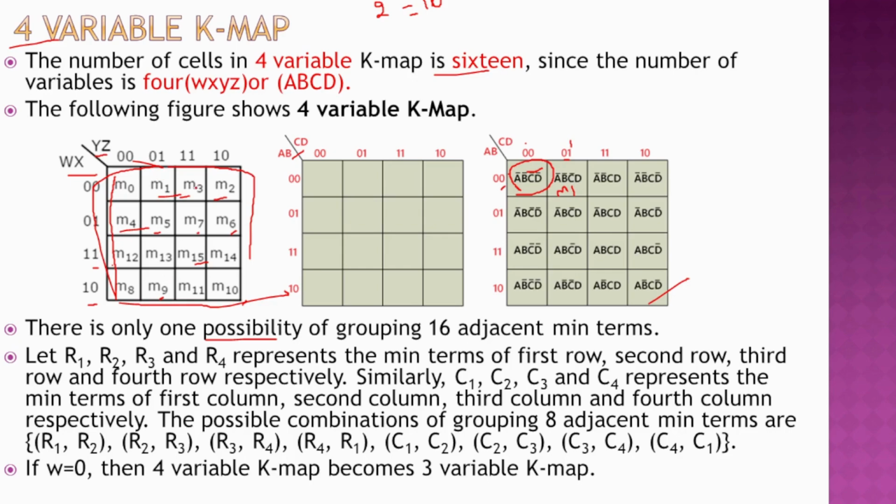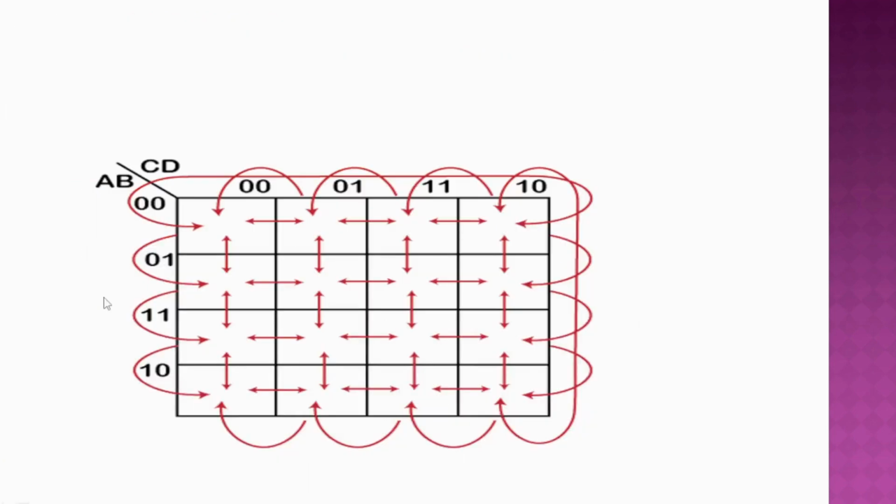The possibility of grouping here is that you will group either with these 4 terms or these 2 terms, or you will fill it with this. There are so many possible groupings in a 4 variable K-map. Here I will represent how you group. Either you group this column with this column, or this column with this column.